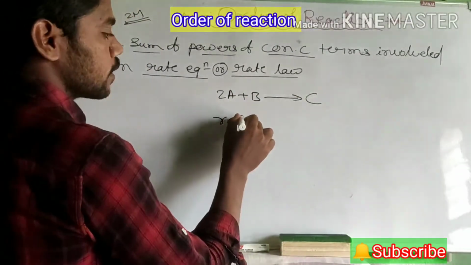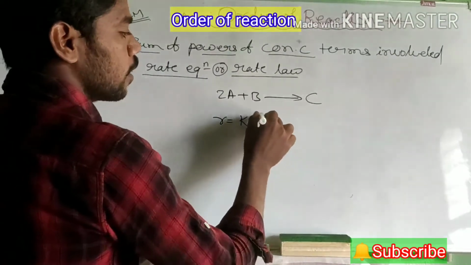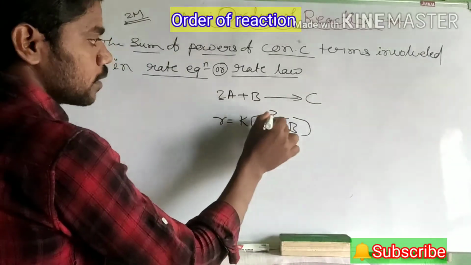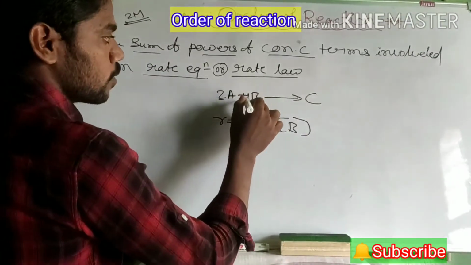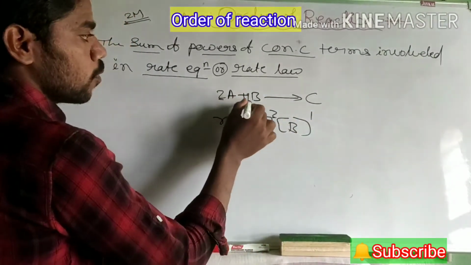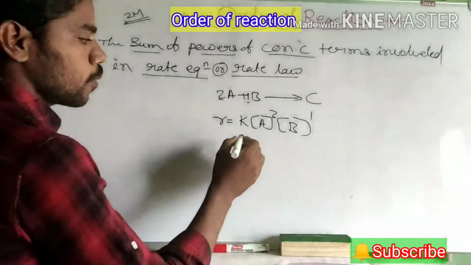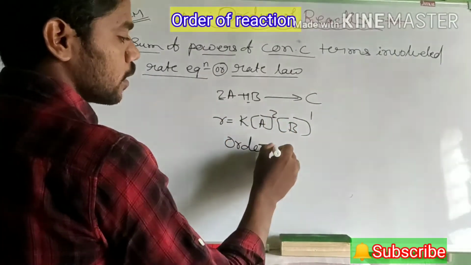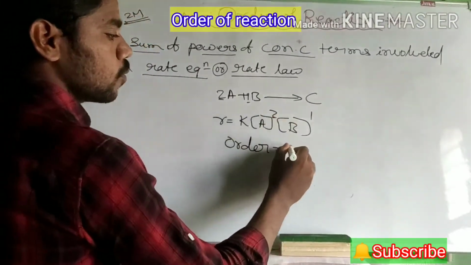Rate law equals K into A square into B. Here 2 is there, therefore it is square, and 1 mole is there, therefore it is 1. The number of moles are written in the concentration power. Therefore, what is the order? Order equals the sum, that is 2 plus 1.